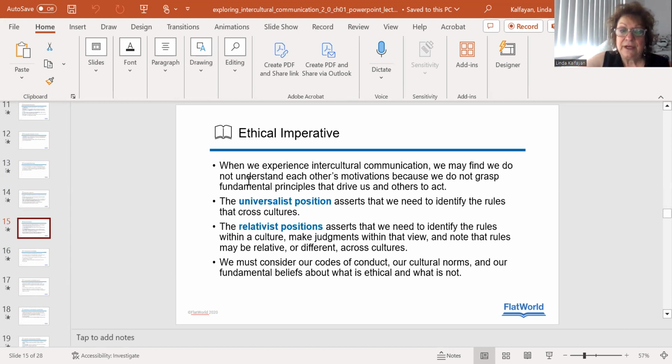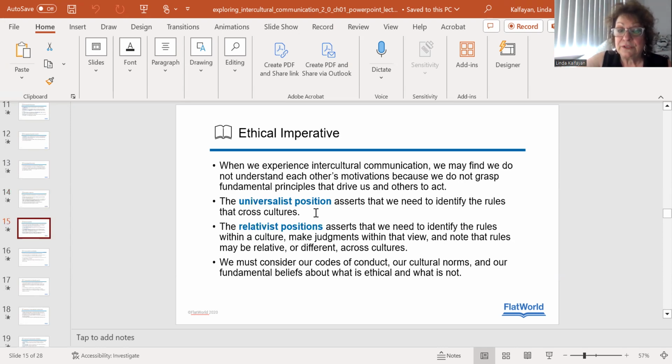So ethical imperative: when we experience intercultural communication, we may find we do not understand each other's motivations because we do not grasp fundamental principles that drive us. So I might not understand your ability to not watch the news. I love the news. You listen to whatever you listen to for 2 seconds to understand what's going on around the world.